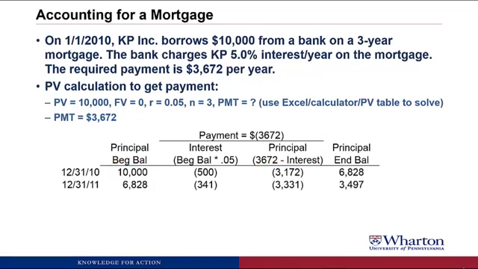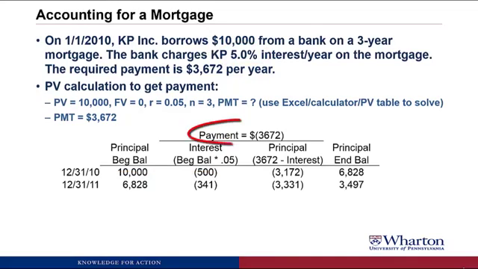Then at the end of 2011, the beginning balance is what we ended with last time, $68.28. We make the same payment of $36.72, but this time the interest component is less. It's calculated as the beginning balance times 5%, so it's $68.28 times 5%, which is $341. Since we're paying a little bit less interest with the same payment, we pay off more principal.